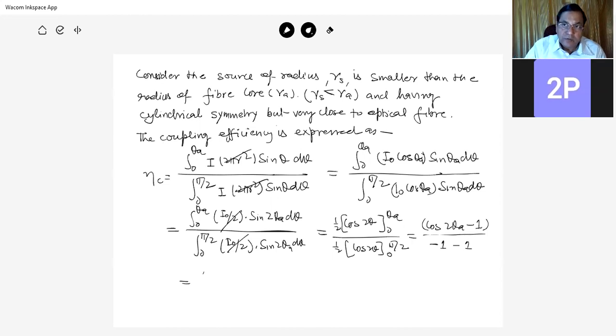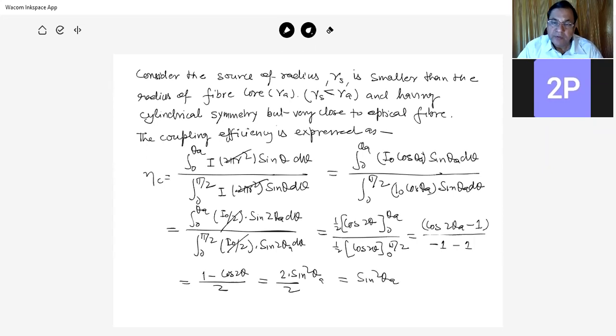That is 1 minus cos 2 theta by 2. So this is 2 into sin square theta A by 2. So sin square theta A. That is eta C.